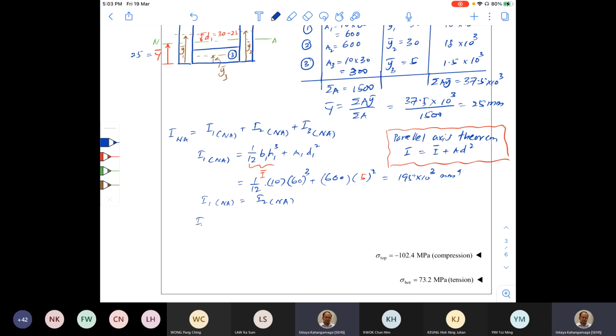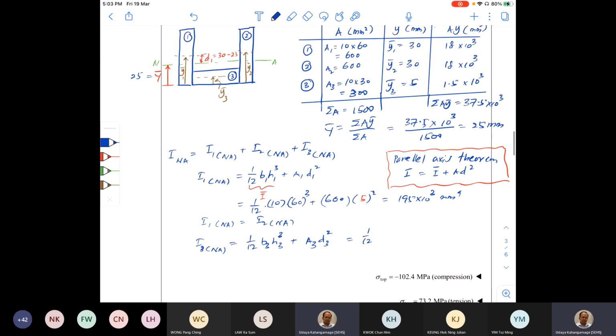Can you write the equation for I3? So now I directly write that one here. I3 equals 1 over 12 B3 H3 cubed plus A3 D3 squared. 1 over 12 B3, where B3 is now section B3, the bottom part.